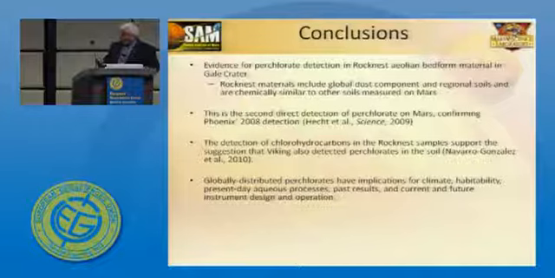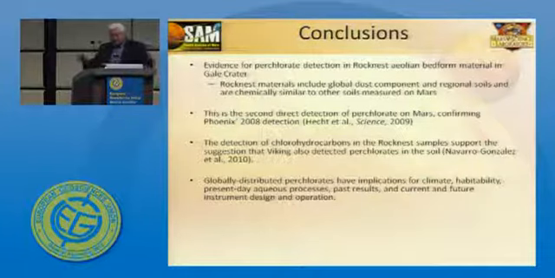In conclusion, we have the second identification of perchlorates, in Rocknest. The first detection came from the Phoenix lander, and these results confirm our interpretation that the detection of chlorohydrocarbons in the Viking data does indicate the presence of perchlorate, and this suggests that this is a global mechanism, and perchlorates should be present ubiquitously.